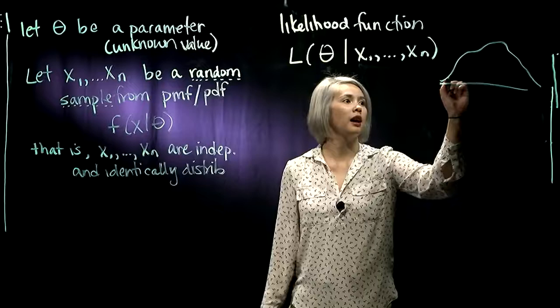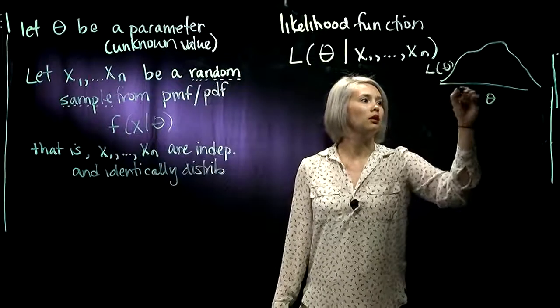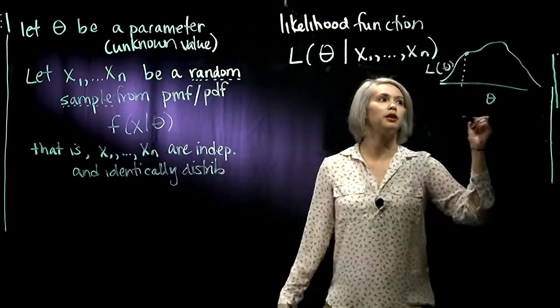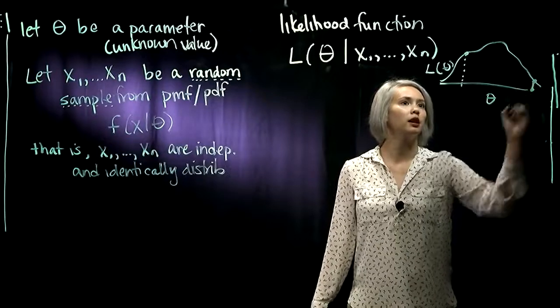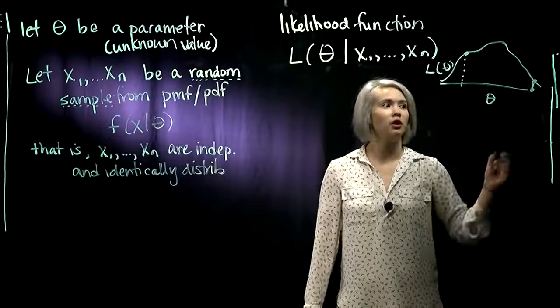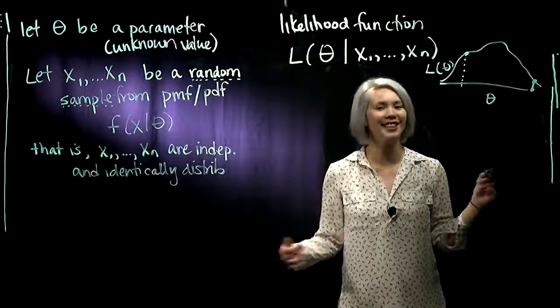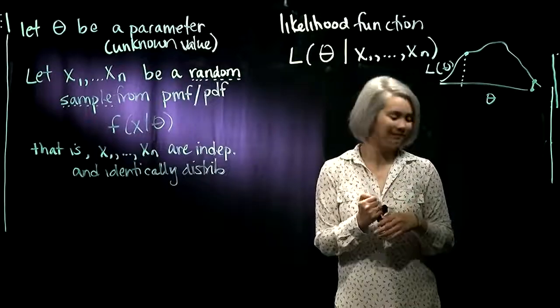If we had a value of theta like here, then our likelihood would be this. Maybe that looks pretty high in comparison to this value of theta, which gives a pretty low likelihood. So the higher the likelihood is, the more likely that parameter value is, given the data that we have observed.